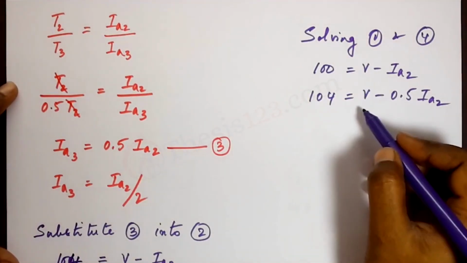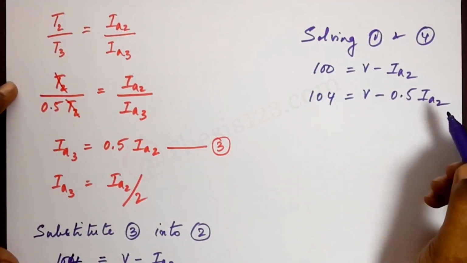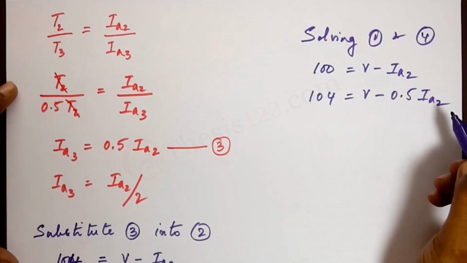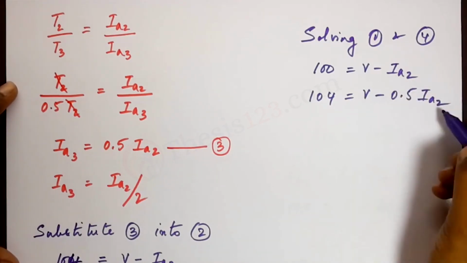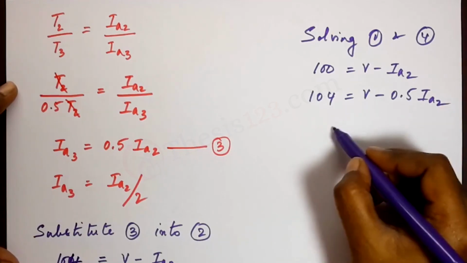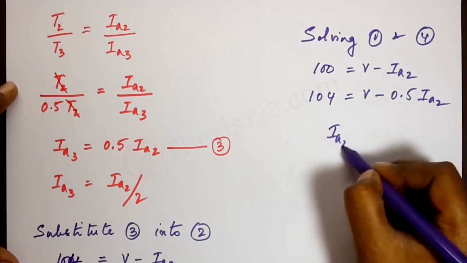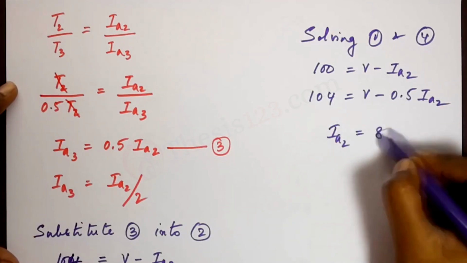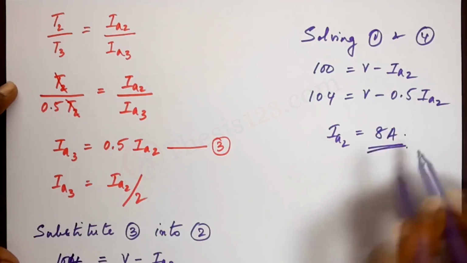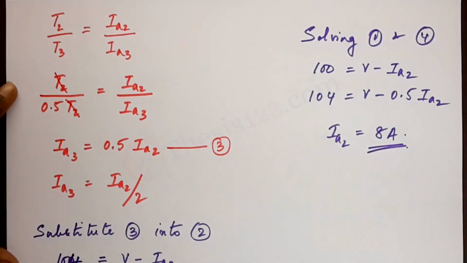Now, solving both of these, you obviously know how to do this on a calculator, and you will find the values of V and IA2. So, solving, you would have IA2, the answer must match 8 amps. So, please work it out and see if your answer matches this. So, the final answer here is 8 amps.